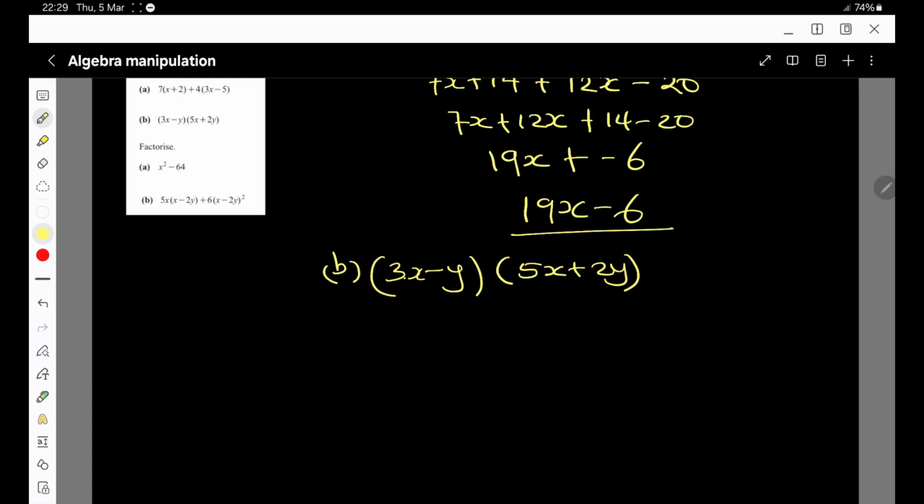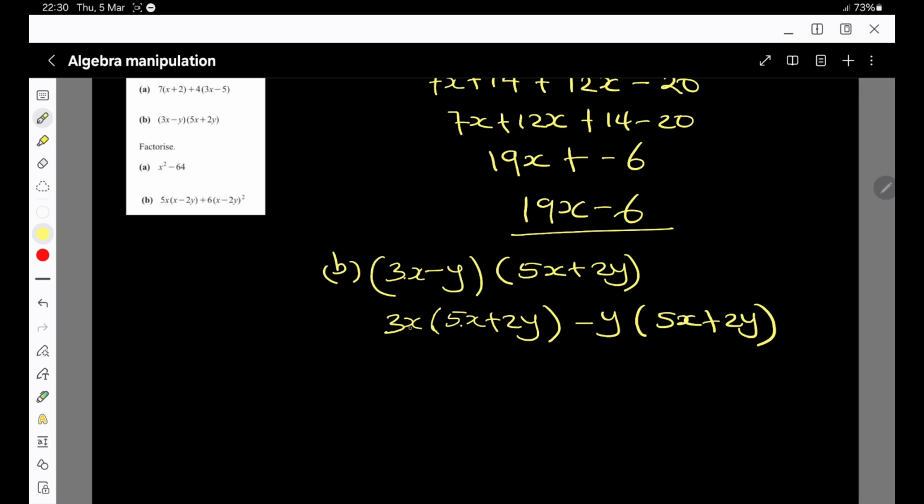So you can first simplify it like 3x multiplying with whichever is in the second bracket, which is 5x plus 2y. Then minus this first y in the bracket. Remember, it is a negative, so that's why I'm saying minus, into bracket 5x plus 2y. And then this appears exactly like what we started with, one number outside and two numbers inside.